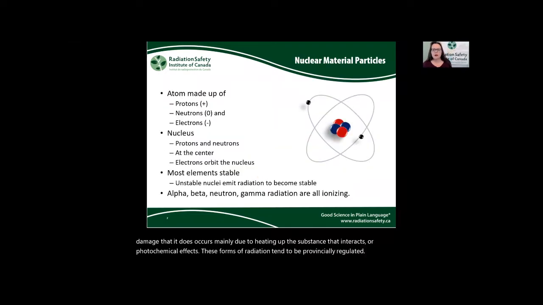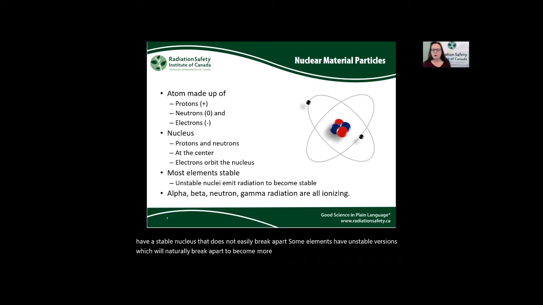The atom is made up of three types of particles: the proton, which is positively charged, the neutron, which is neutral, and the electron, which is negatively charged. Protons and neutrons bond together to form the nucleus of the atom, and electrons orbit around it. Most elements have a stable nucleus that does not easily break apart. Some elements have unstable versions which will naturally break apart to become more stable.